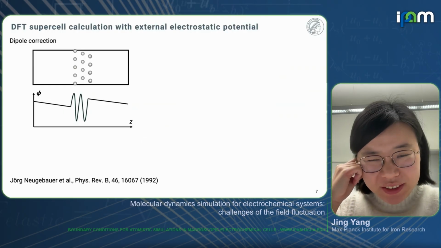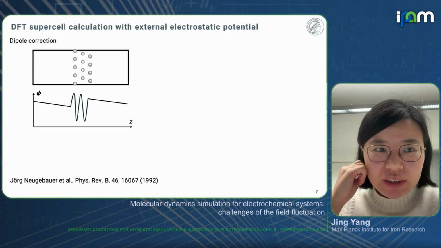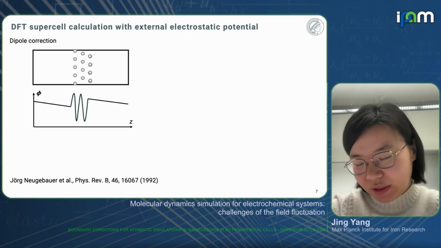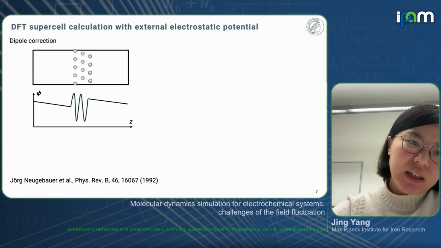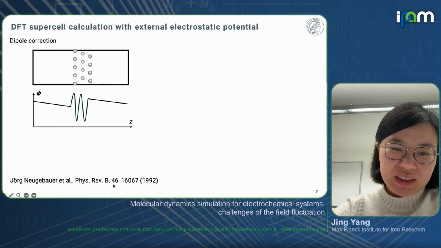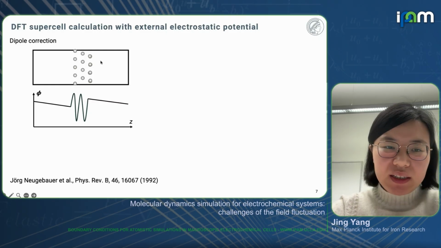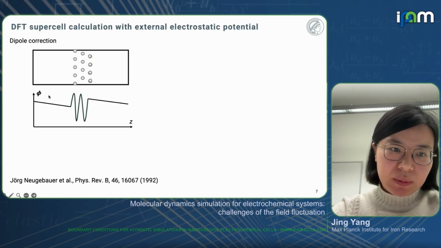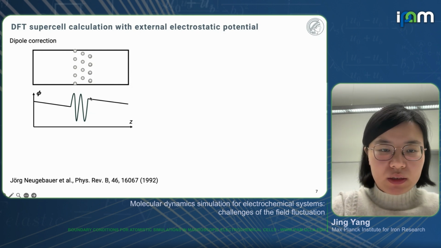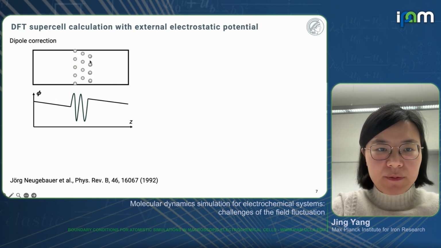Getting an external electric potential into a DFT simulation is actually not a new problem. It is already a very common practice. I want to show two examples here. The first is dipole correction. This was developed by York already in 1992. The idea is that due to the periodic boundary condition of the DFT simulation, you can have spurious electrostatic interaction.